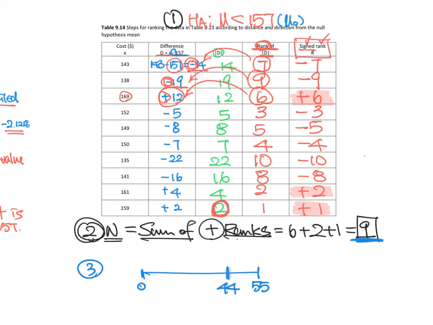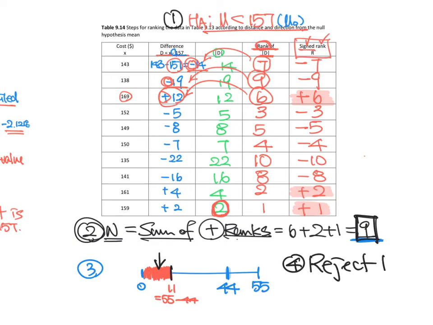But we had the left tail, so we need the 11, which is 55 minus 44. Then if the test statistic is in the left tail, we reject the null hypothesis. The test statistic was here, so the decision is to reject the null hypothesis.